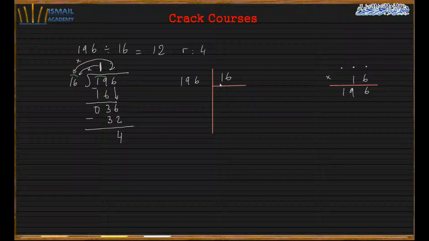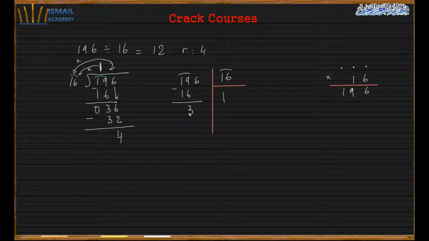I do the same thing here again. I have 2 digits, so I start from the left and pick 2 digits. Now I ask the same question: which number times 16 gives me 19 or closest to 19? Again it is 1, so I put 1 here. 1 times 16 is 16, so I put 16 here and subtract.